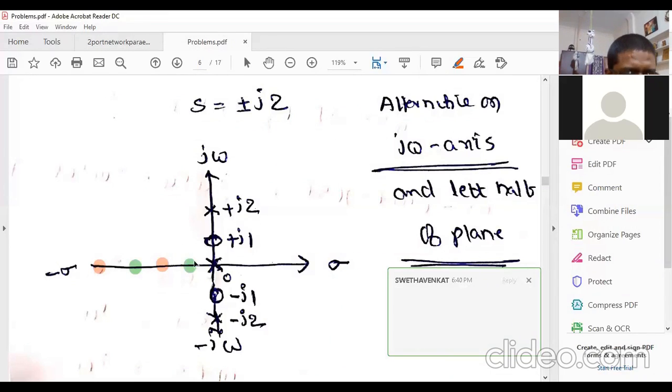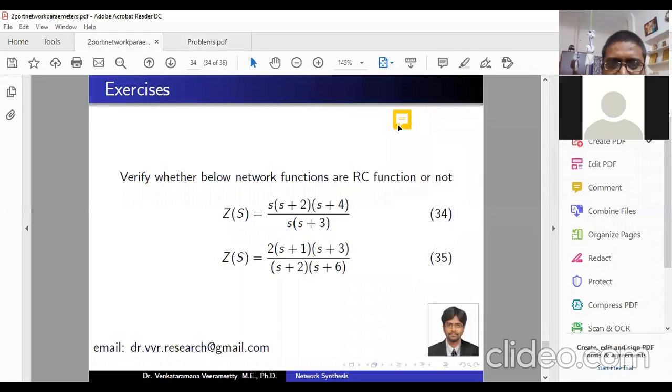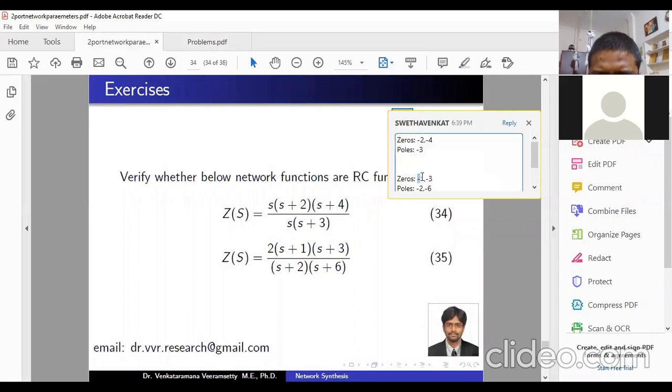But see, here again the zero is near to the origin. So it fails the third condition. As it fails the third condition, there is no need to verify the next one. The zero is near to the origin, minus 1, whereas the pole is minus 2.